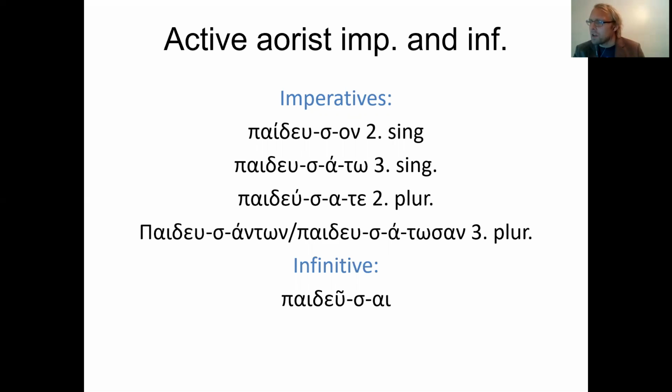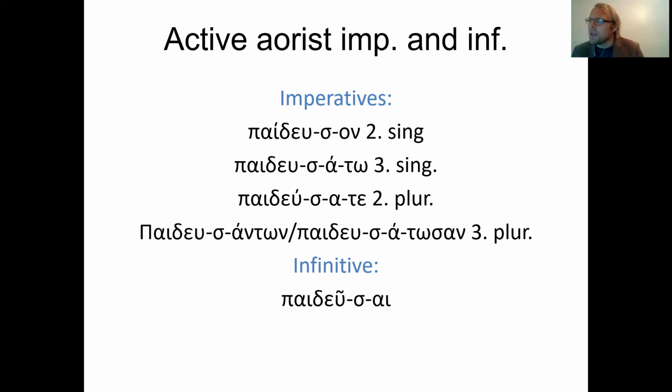Paideuson in the second person singular, paideusato in the third person singular, paideusate in the second person plural, and paideusanton or paideusatosan in the third person plural. As I said, the aorist imperative is lacking tense, so it can be used in the present, just like the present imperatives.